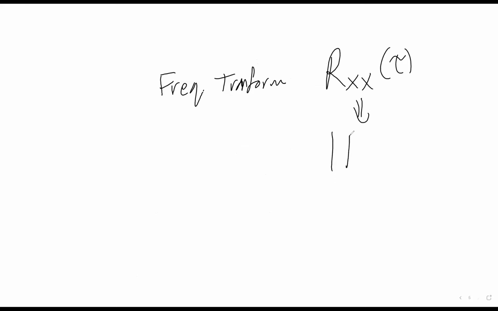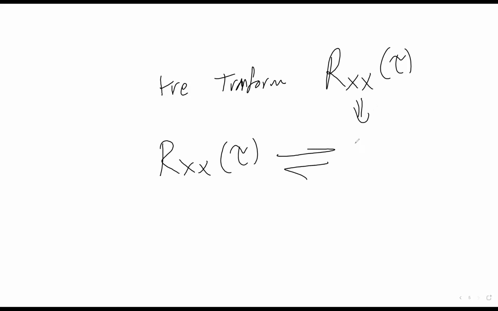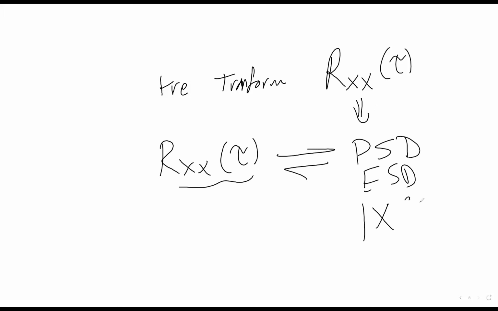So if you take the Fourier transform of Rxx of tau, it gives you the power spectral density or the energy spectral density, depending on the original signal itself. In other words, it gives you the averaging of the absolute value of x of f squared. This is a very important result.